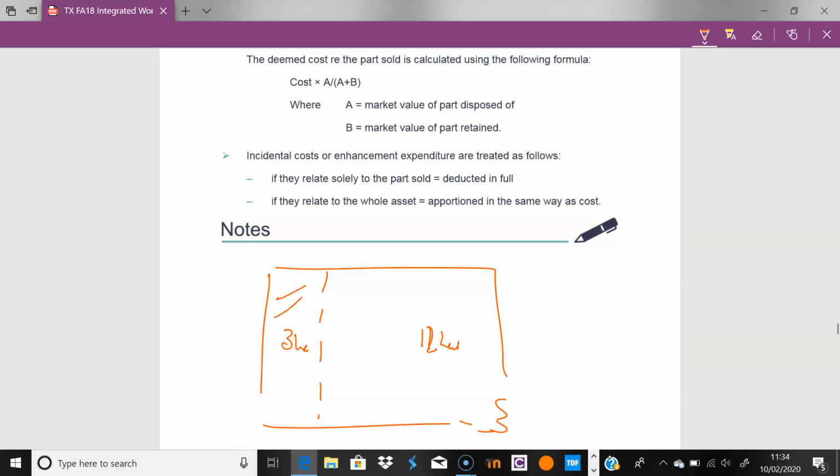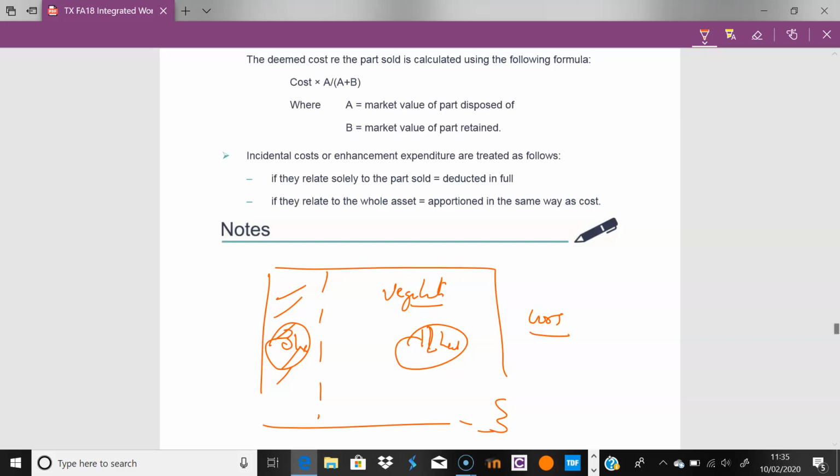Maybe this is all dry, parched land, and this is where all the good vegetation sits. So it's something to think about. It must therefore be based on value. And because we deal with the cost proportion based on value, then we can deal with whatever the gain is.